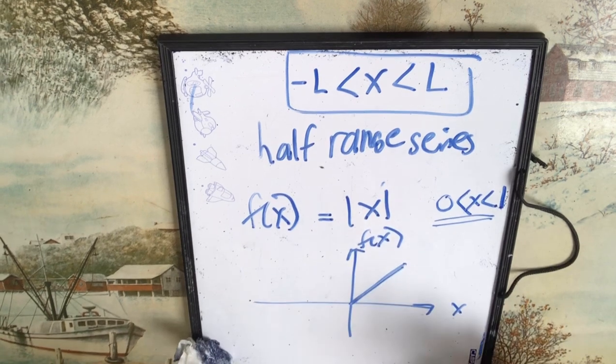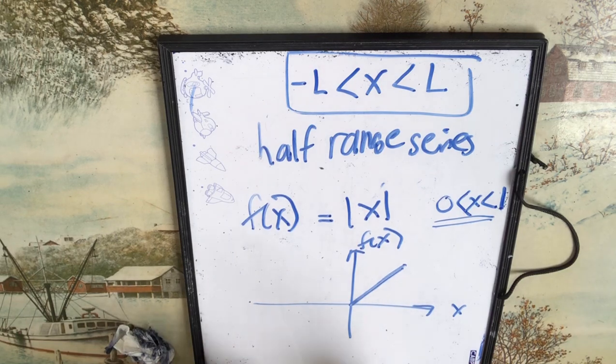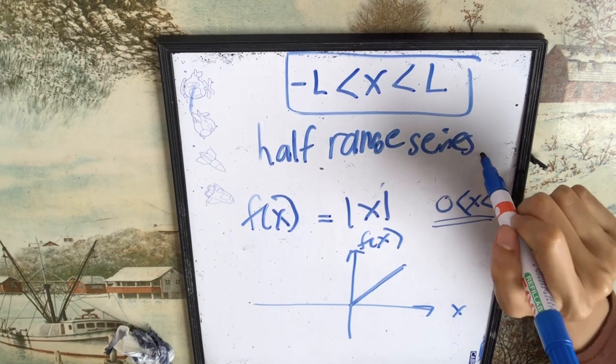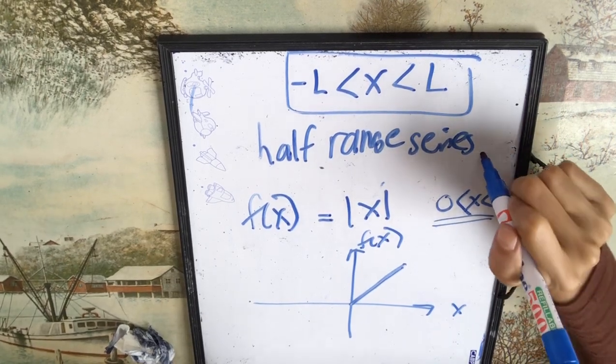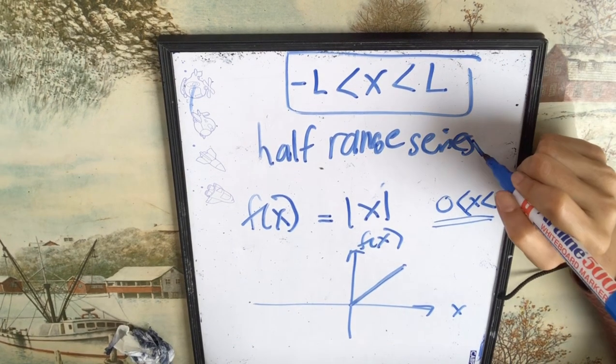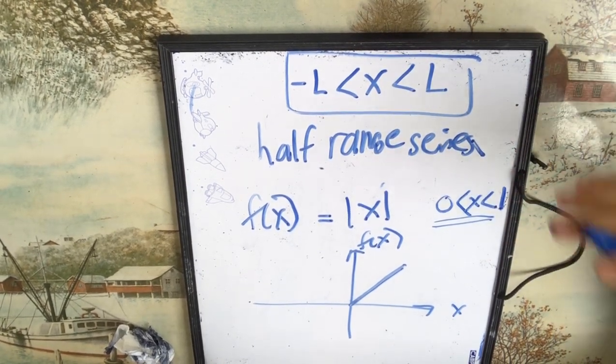So how do we know whether this is odd or even? You cannot conclude that this is symmetrical on y or symmetrical on x. So for half range series, what we need to do is do both, for the even and also for the odd.